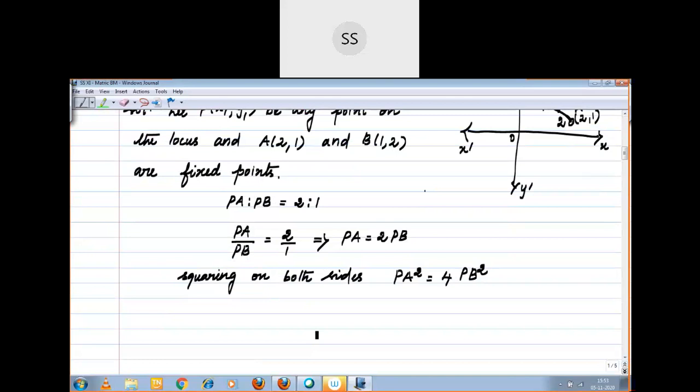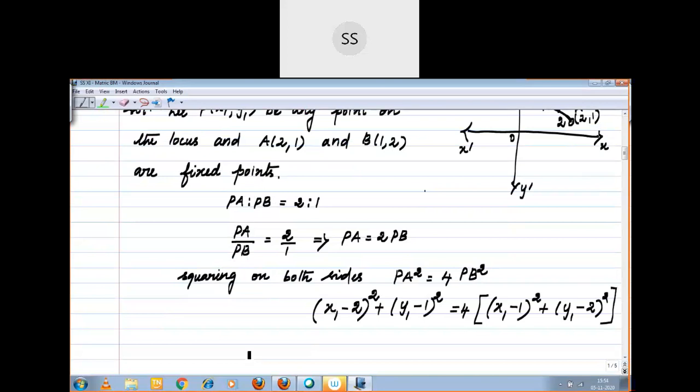The distance formula comes under a square root, but since we are squaring, we avoid the square root. So (x1 minus 2) the whole square plus (y1 minus 1) the whole square equals 4 into [(x1 minus 1) the whole square plus (y1 minus 2) the whole square]. That is the distance between two points.